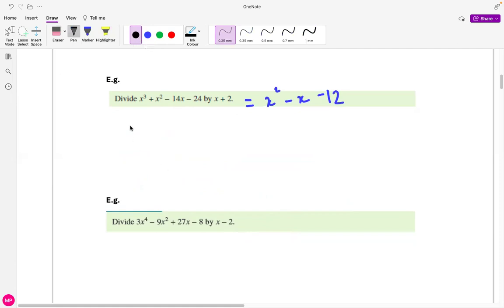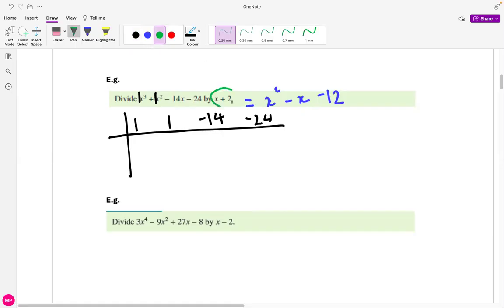So you can see the coefficients here: 1, 1, negative 14, and negative 24. You list all the coefficients of the cubic here. Then because you divide by x plus 2, if you let that equal 0, you get x equals negative 2.